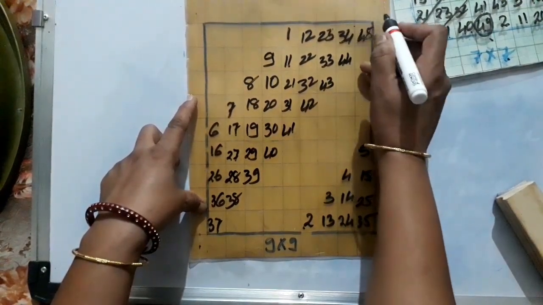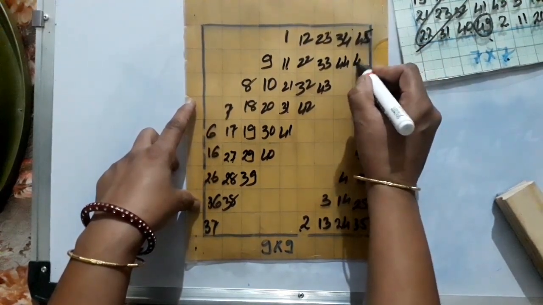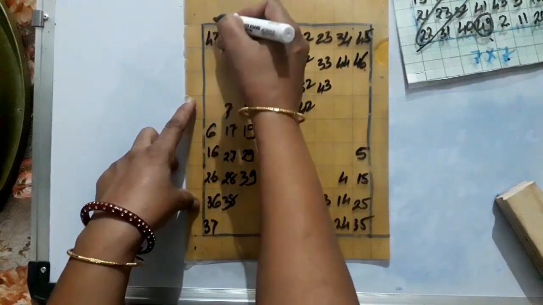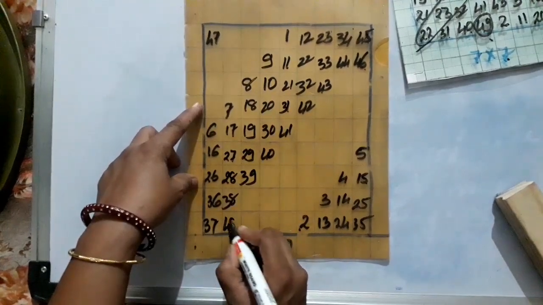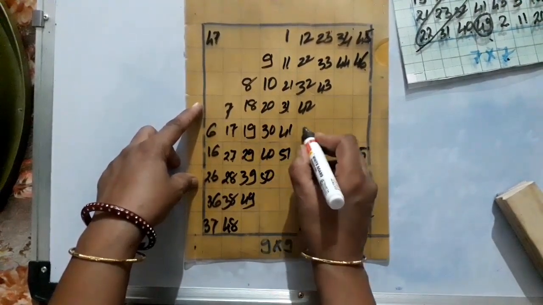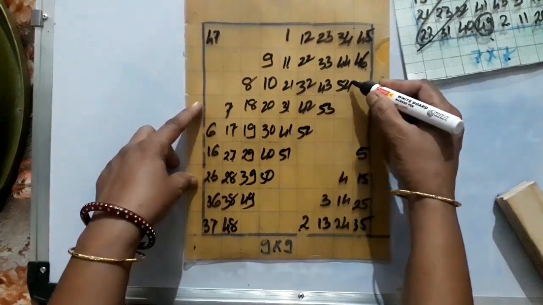Now no space here, so 46, 1 square down, 47 here. Now top line I have reached, so 48 should be here, 48, move diagonal, 49, 50, 51, 52, 53, 54.